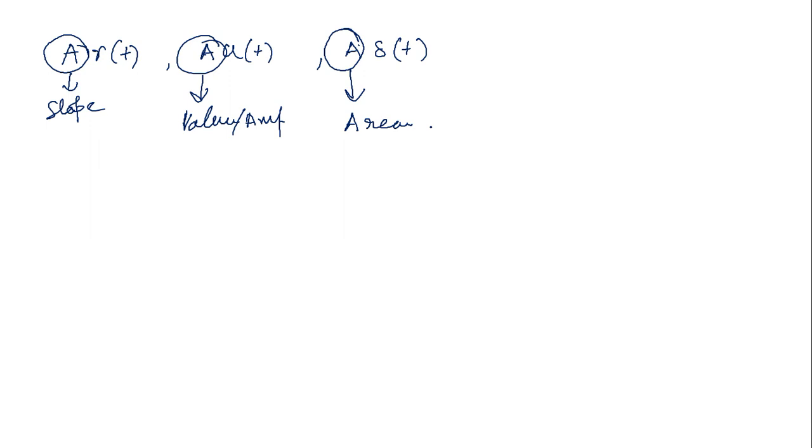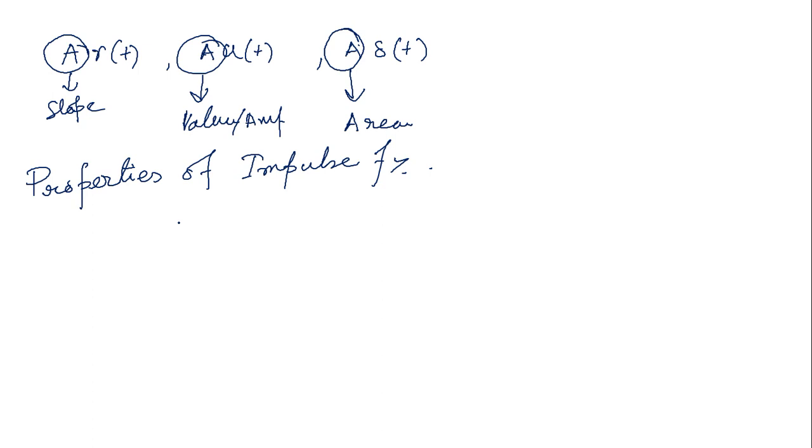Now next are the properties of the impulse function. Some of the properties that we learned for the ramp and step also, the same you have to implement for the impulse function.